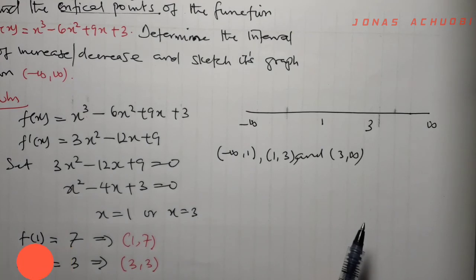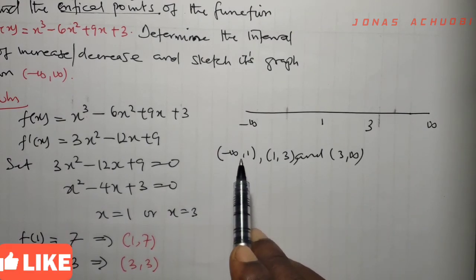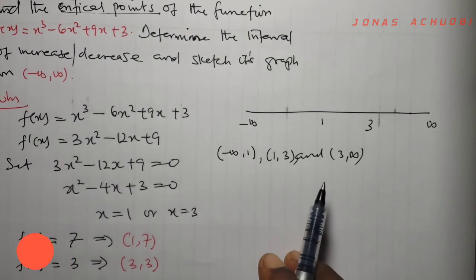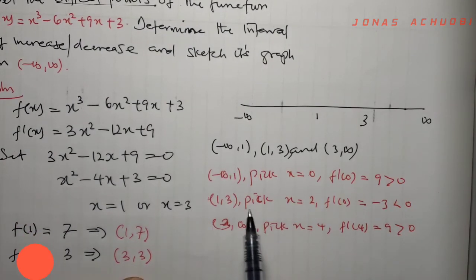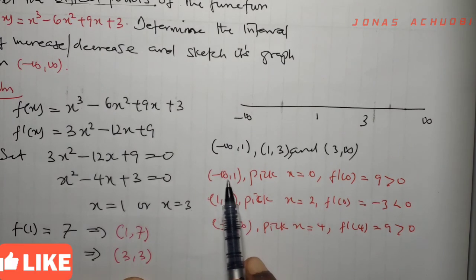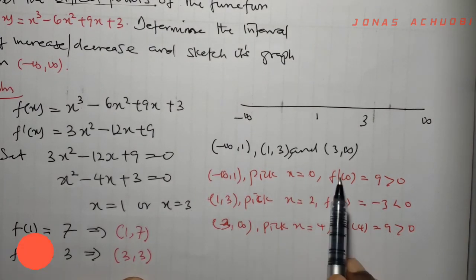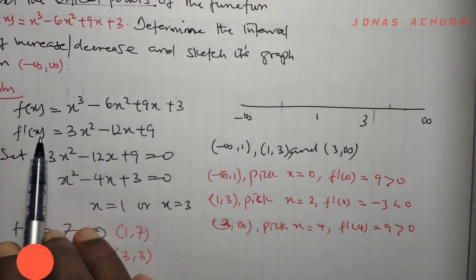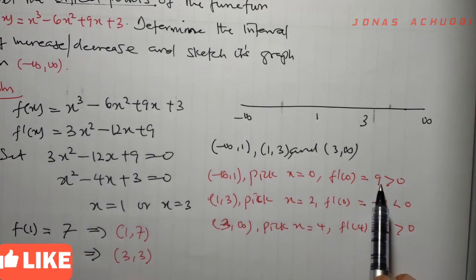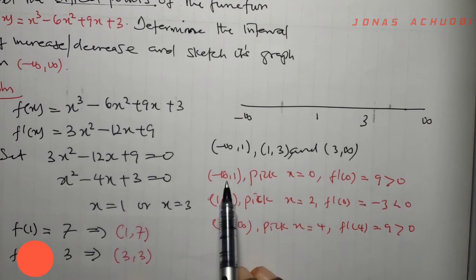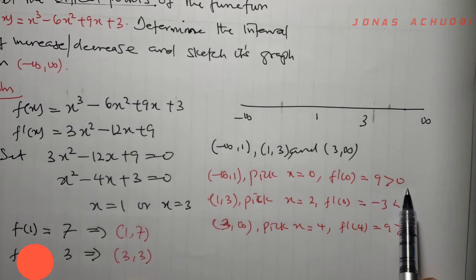So like we did before, we pick any value within these intervals and investigate what the sign is. In the first interval, minus infinity and 1, I pick x equal to 0 in the interval, and f prime of 0 gives me 9, and 9 is bigger than 0. Therefore, in this interval, the function is an increasing function.